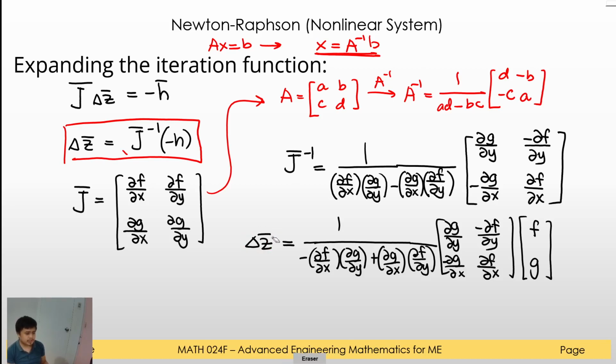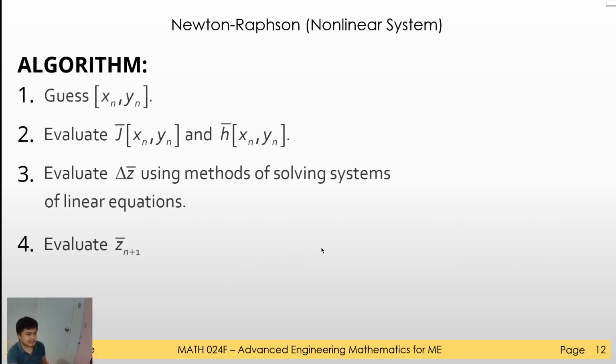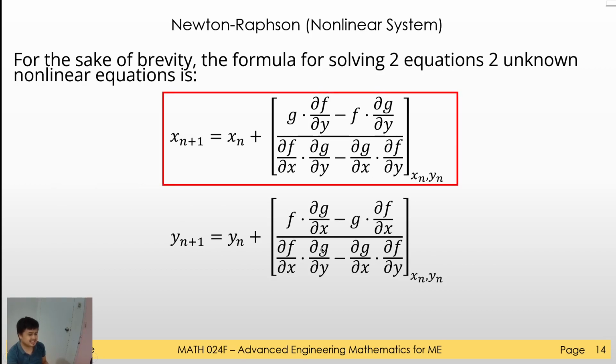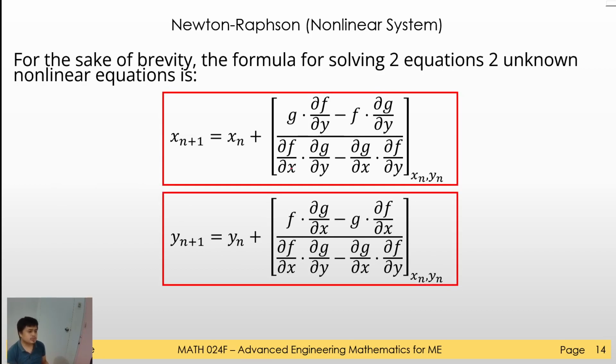The delta z can also be written as x sub n plus 1 minus x sub n, and y sub n plus 1 minus y sub n. Then creating an iteration function for this, we have the first row, and the multiplication of the first row and the first column of these two matrices, and we will arrive at the same equation.